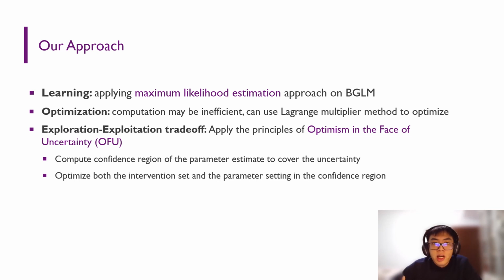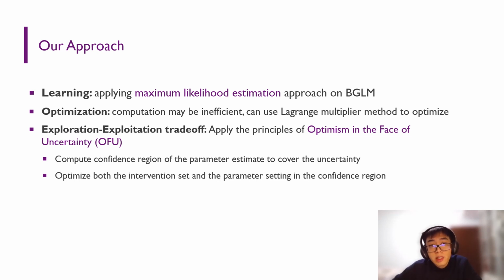Our approach is applying maximum likelihood estimation on BGLM and using an MLE based on pseudo-log likelihood to estimate the parameter thetas. You can refer to our paper for details. About optimization, it may not be computationally efficient, but we develop an optimization based on multipliers.